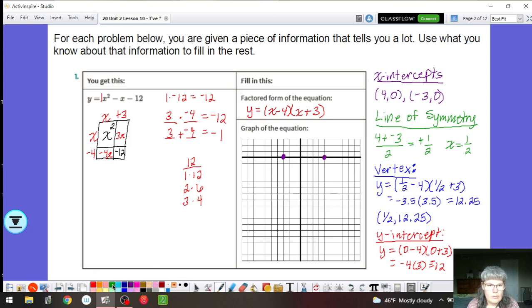We can mark the line of symmetry, which helps us place our vertex. Vertex is located at 1/2, and that should have been a negative 12.25.